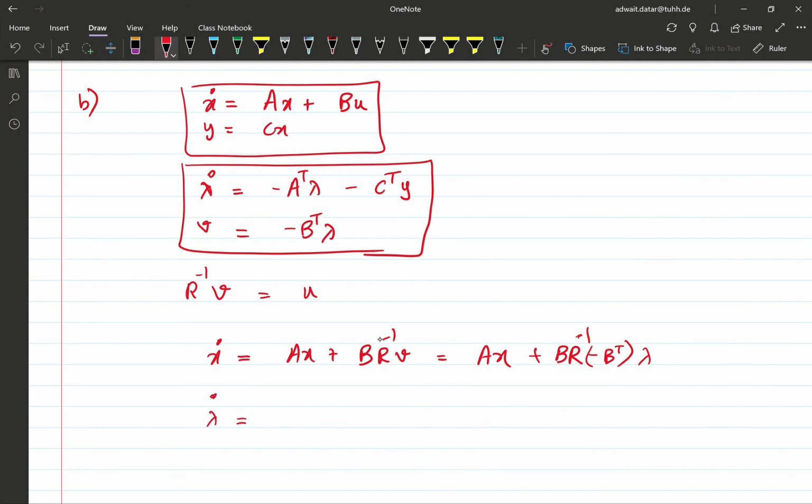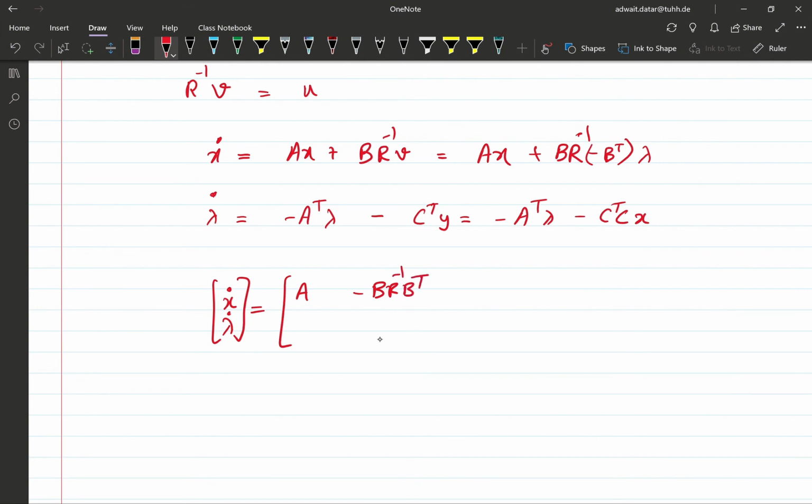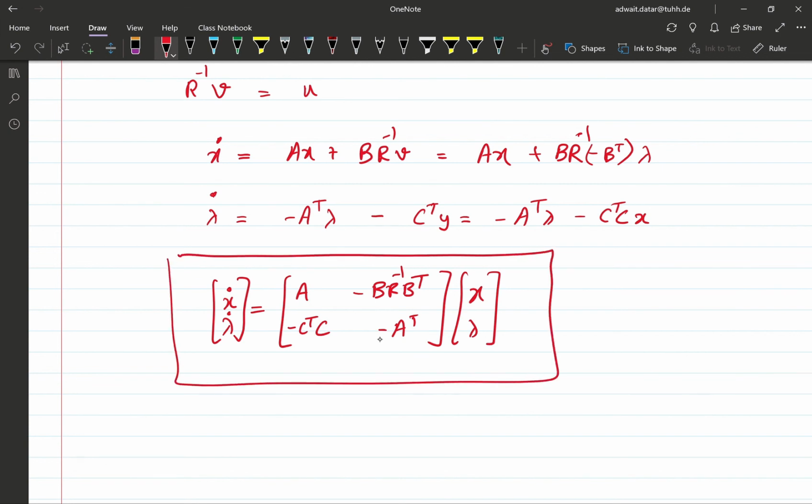Similarly, lambda dot is minus A transpose lambda minus C transpose Y, but Y is Cx. So if we write this in the matrix form, A, transpose minus C transpose C and minus A transpose, acting on x and lambda. So what we have is that this block diagram indeed represents the Hamiltonian system.